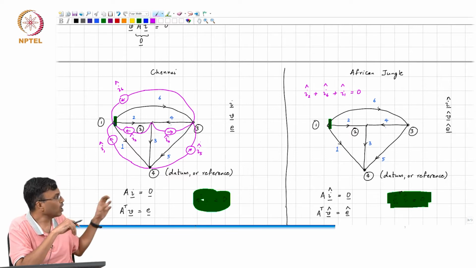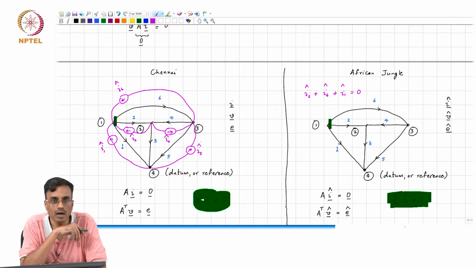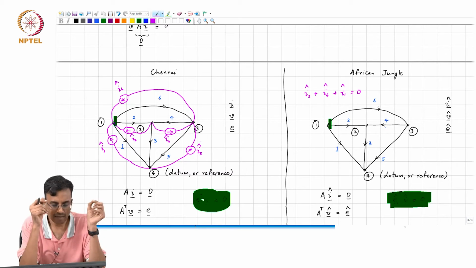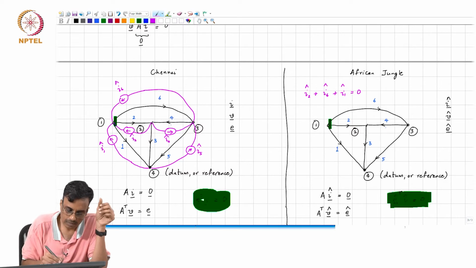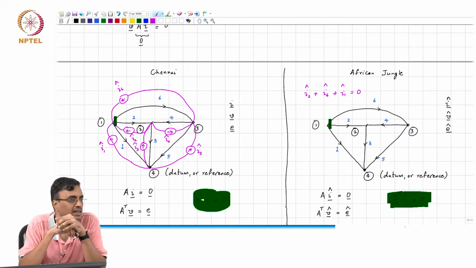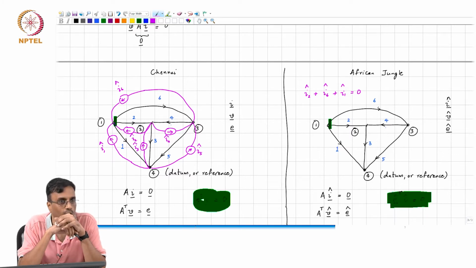So, even though I have added these new currents in pink, what is the net current I have added at each node? The current I have added at each node is 0. So, nothing has happened to the branch voltages or the branch currents.